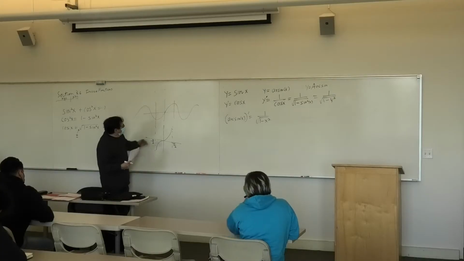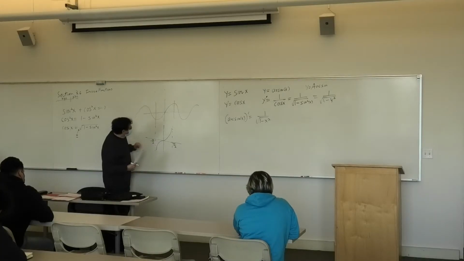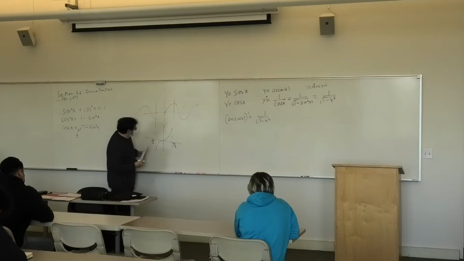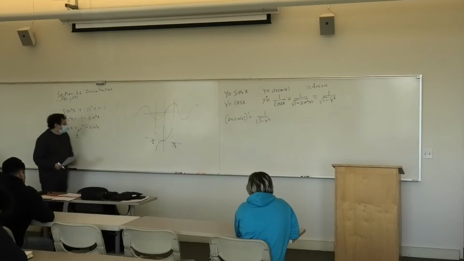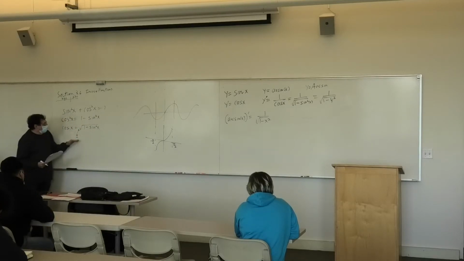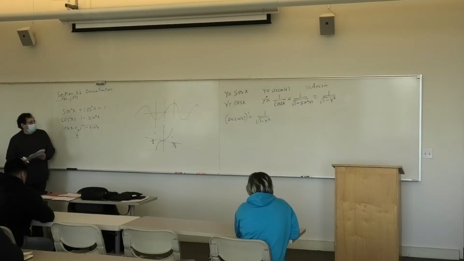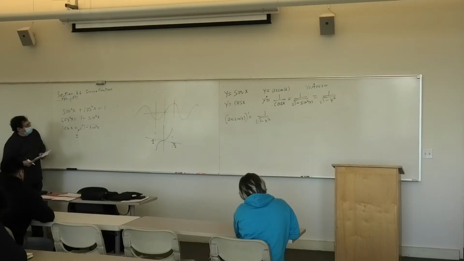If we were to choose another part of this, I don't know, I think you could get a negative out of it. I think you get a positive as a consequence of the fact that we're limiting the domain of the sine in order to get our inverse function. All right.